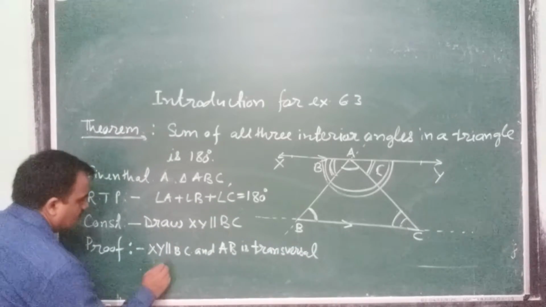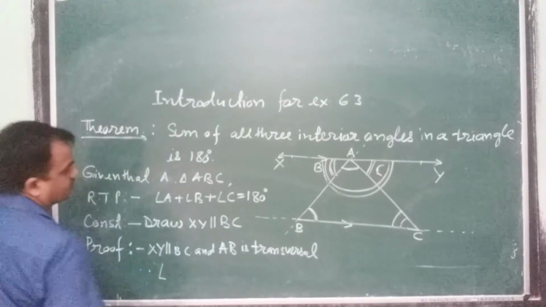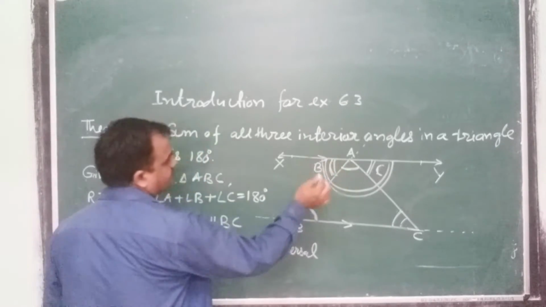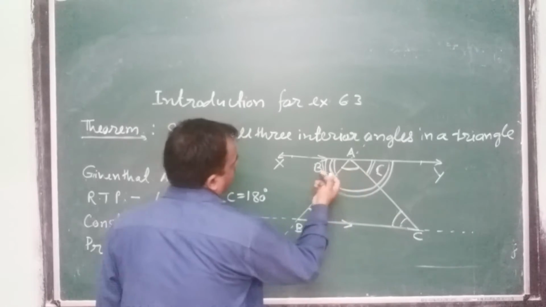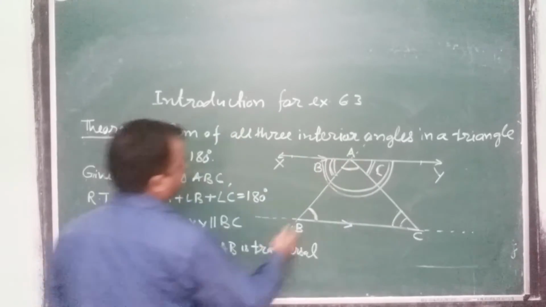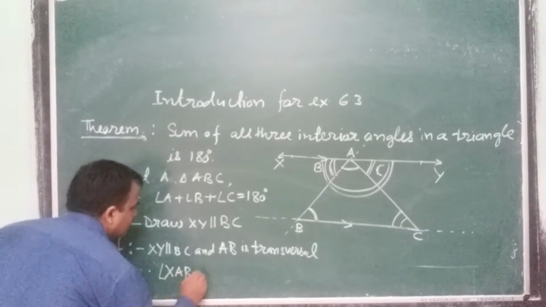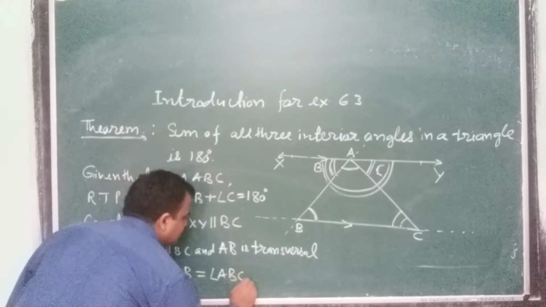Therefore, this angle, we may consider this angle as XAB. Angle XAB equals angle ABC.